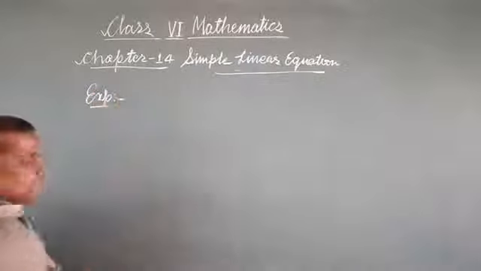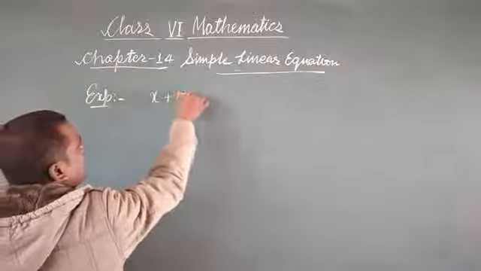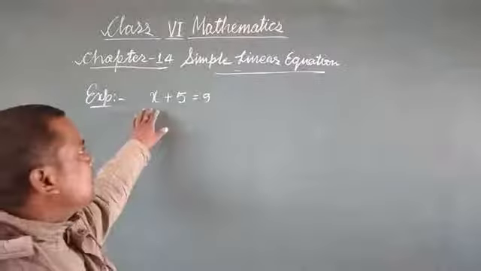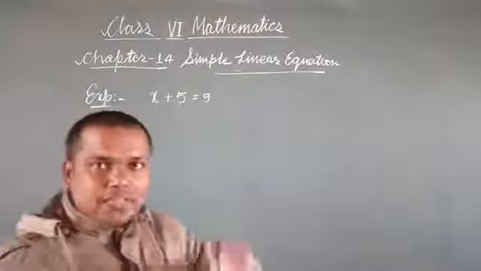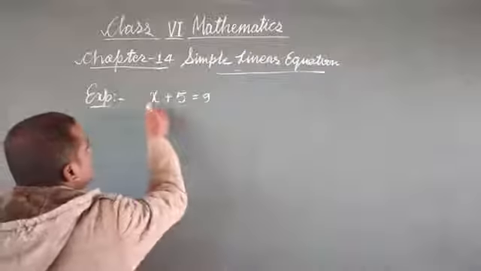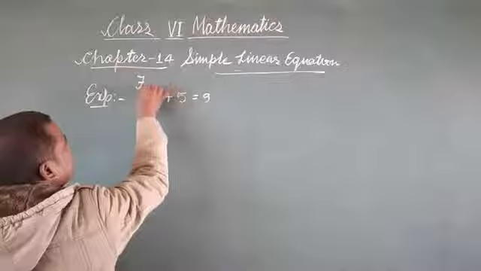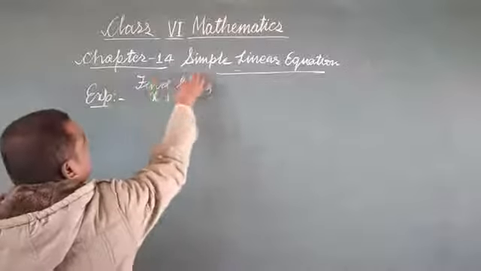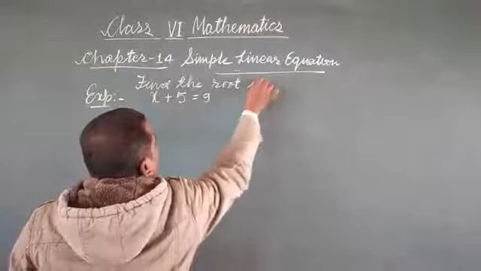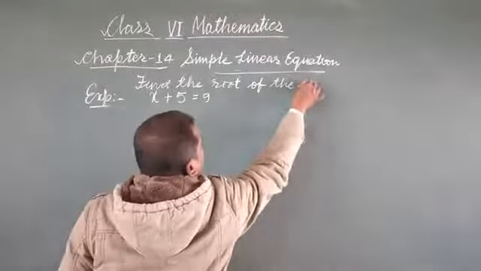Suppose we have an equation x plus 5 is equal to 9, then we have to calculate the value of x without transposing the term. Okay, so here it will be this one, and the instruction is to find the root of the given equation.